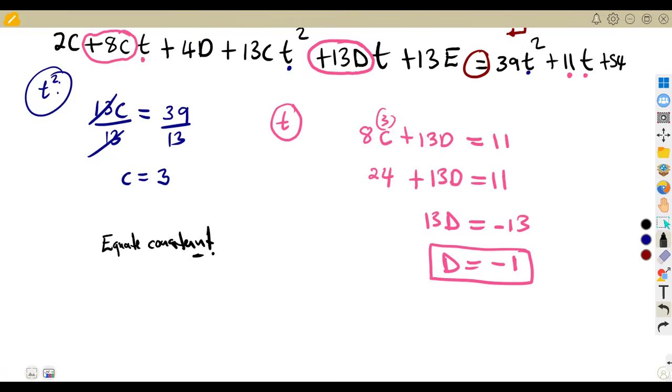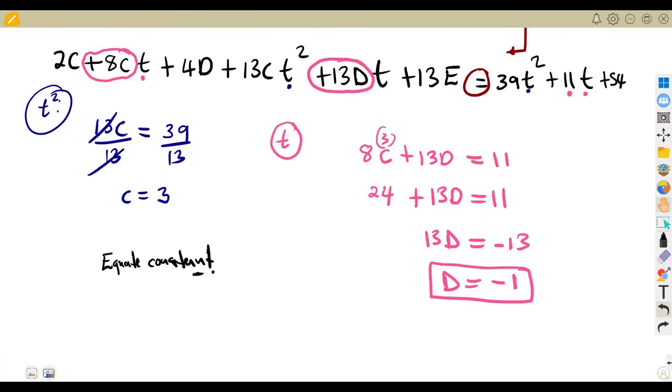So the constants here are where there is no T, like this part of 2C. We do not have T there. So it's 2C on the left-hand side. We also have plus 4D.